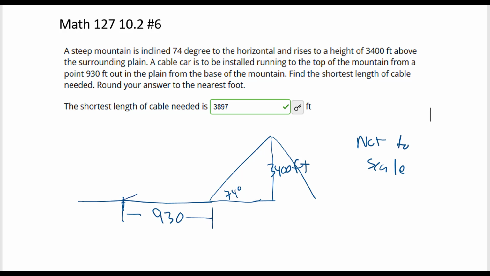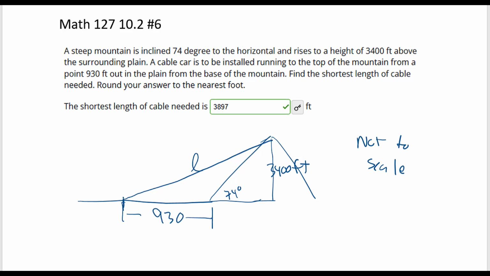So what we're looking at is this. And we want to come up with the shortest length of cable here. I'm going to call that L. So we can use law of sines if we have this side here.